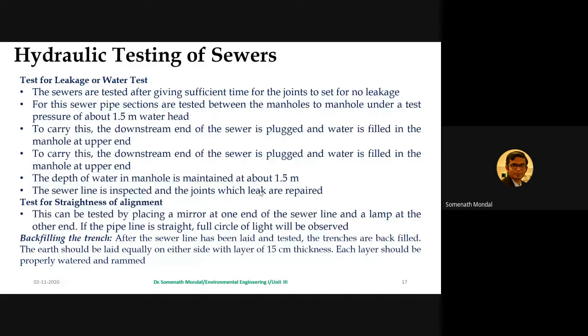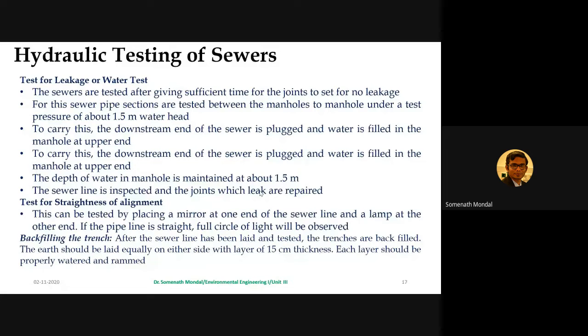In the case of the test for leakage, that is called the water test. How is it performed? The sewers are tested to ensure there is no leakage through their joints, after giving sufficient time for those joints to set. Immediately this test is not done, but when we can assure that all the joints have set, then only this test can be conducted, because now you are considering that sewage system to be ready for use.